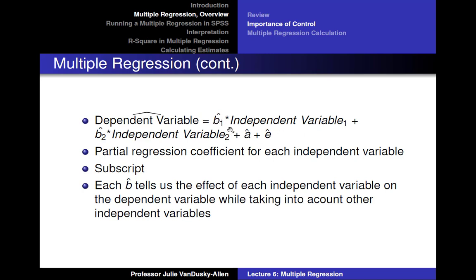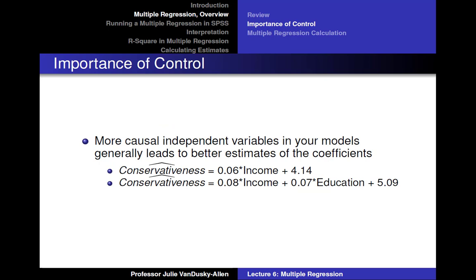And note the subscripts tell us which b hat belongs to which independent variable. So b hat 1 belongs to independent variable 1 and b hat 2 belongs to independent variable 2. Each b hat tells us the effect of each independent variable on the dependent variable while taking into account the other independent variables. There are several reasons why we should control for our other independent variables in our regression models.